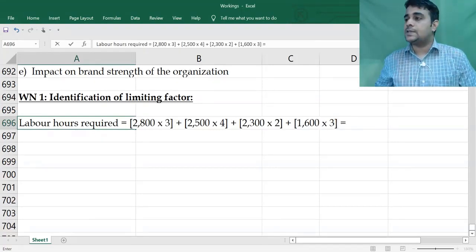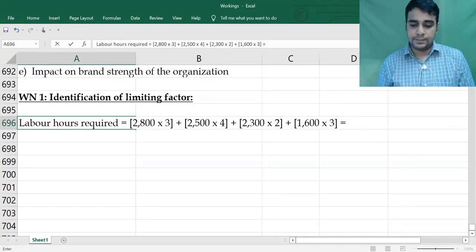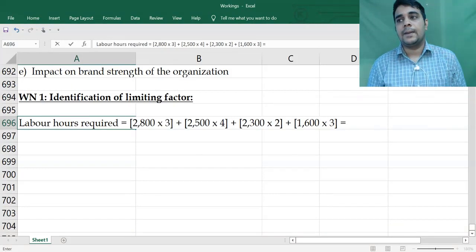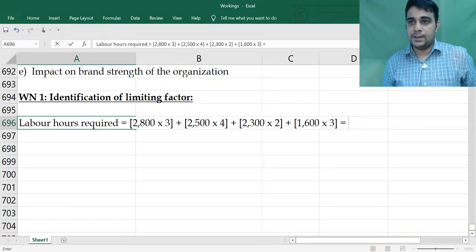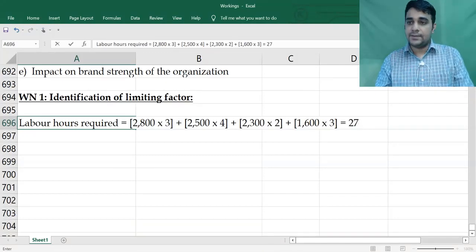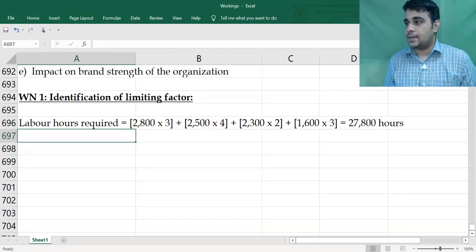Demand into hours per unit. What's the overall labor hours needed? 27,800 hours.